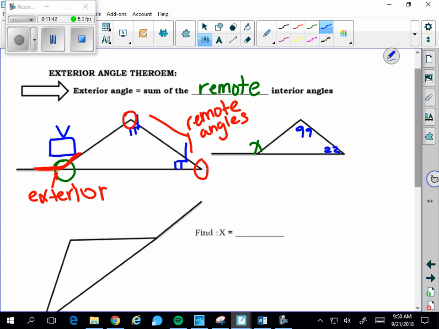My setup of this problem, let me look at what my theorem says. It says the sum of the remote interior angles is equal to the exterior angle. If you say that out loud, that's your problem setup. The exterior angle X is equal to the sum of the interior angles, which we just said were 99 and 22.